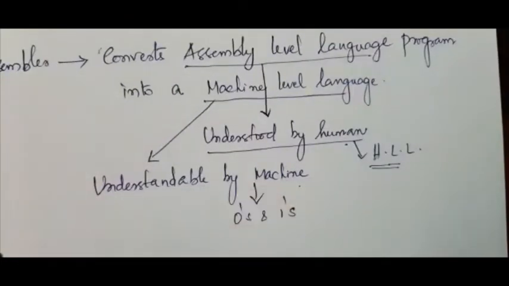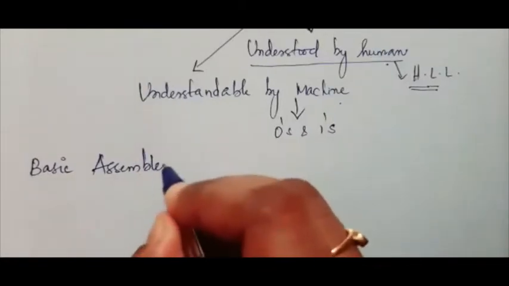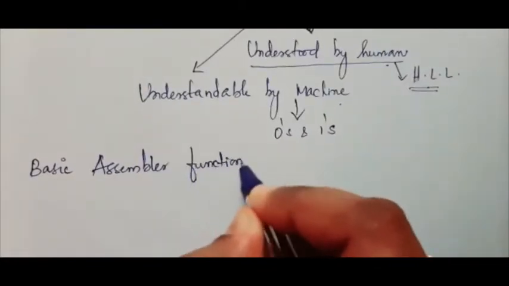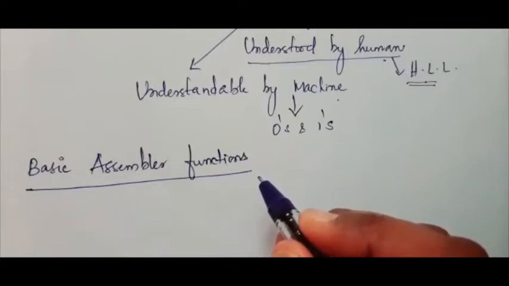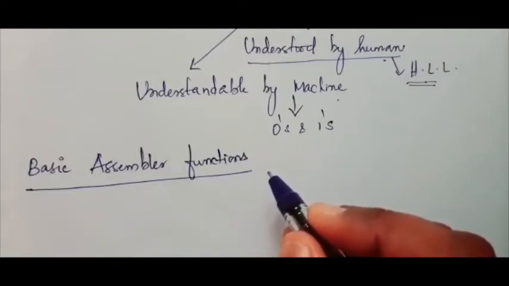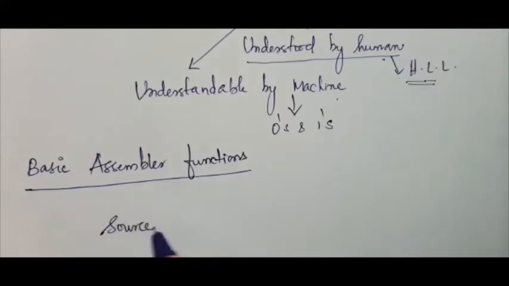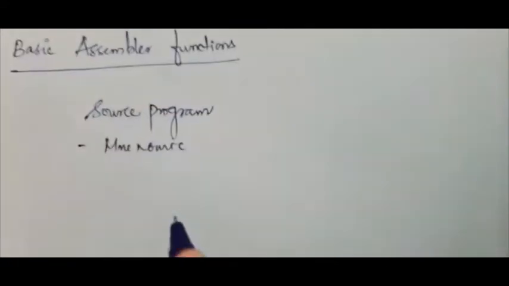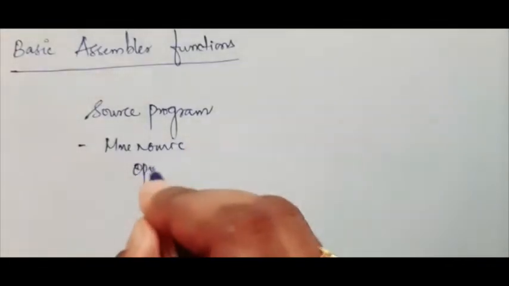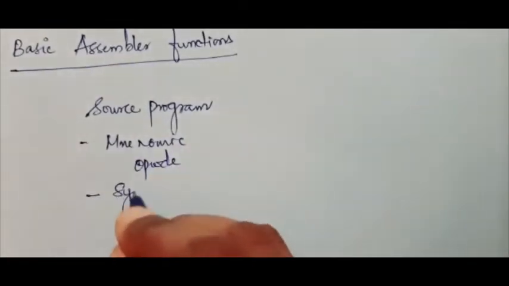Okay, so now we'll see basic assembler functions. Basic assembler functions translate the source code into an equivalent machine language. So we have a source program that consists of mnemonic opcodes and symbols.